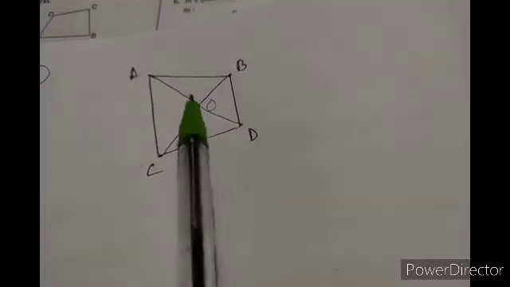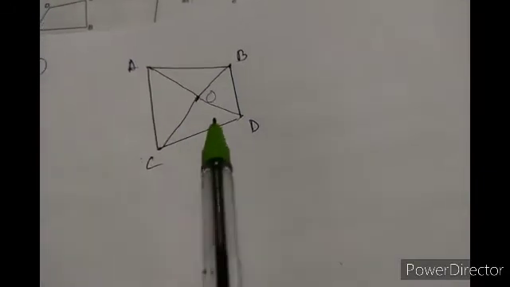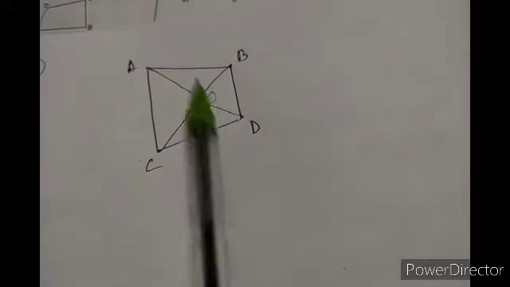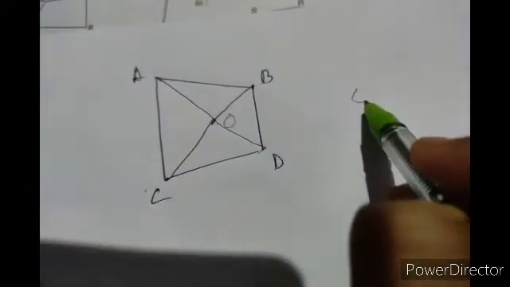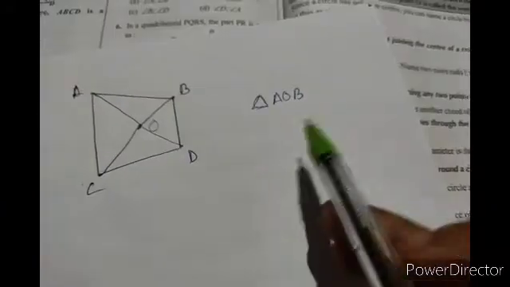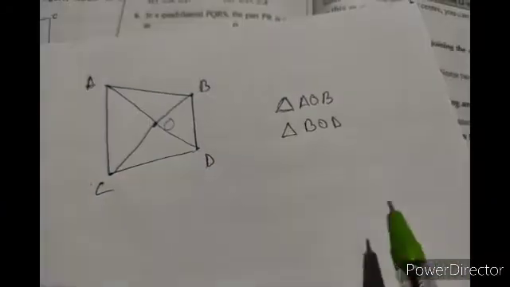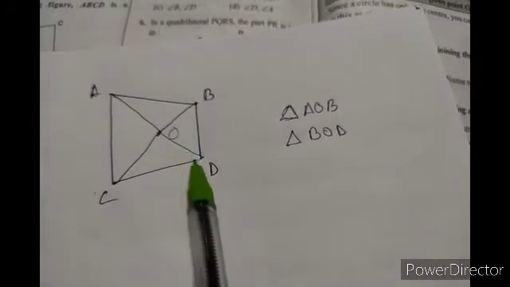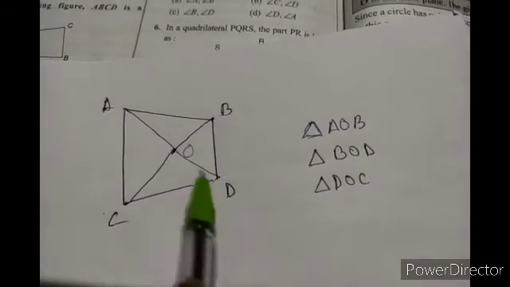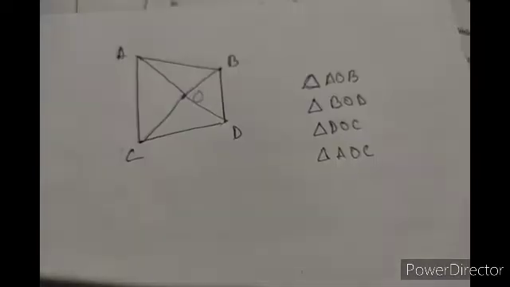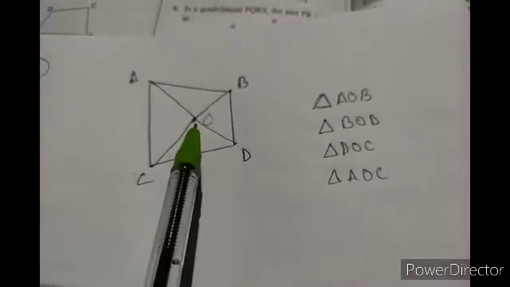So here the quadrilateral is divided into four triangles. It is clear in this picture. So what are the four triangles? Triangle AOB, triangle BOC, triangle DOC, triangle AOD.